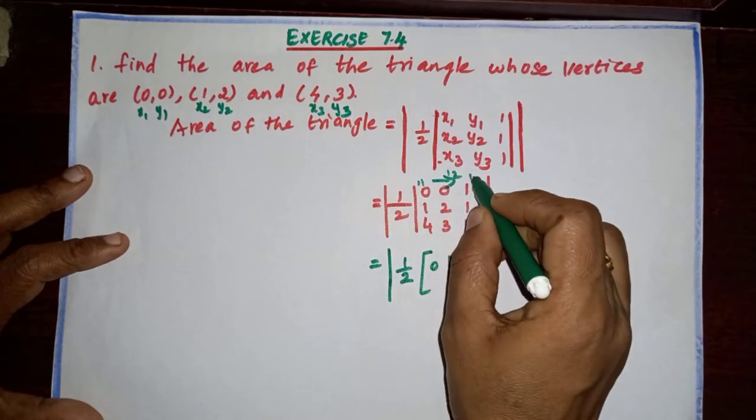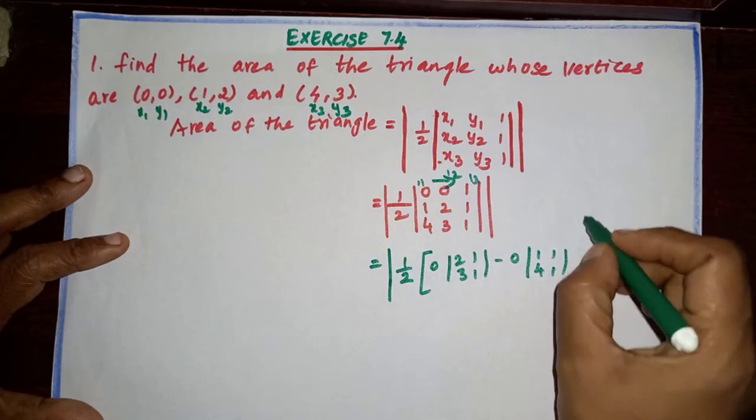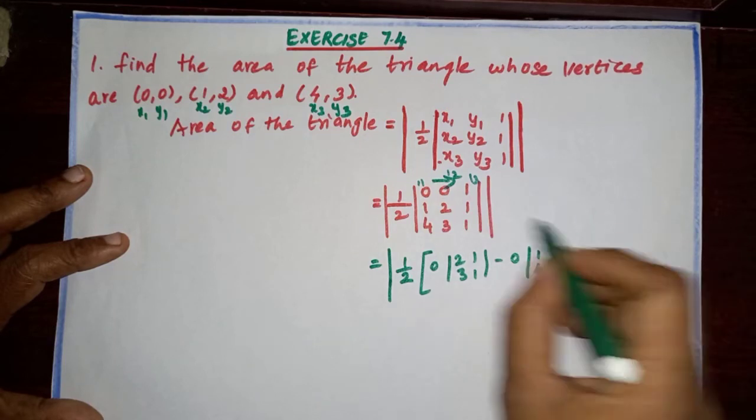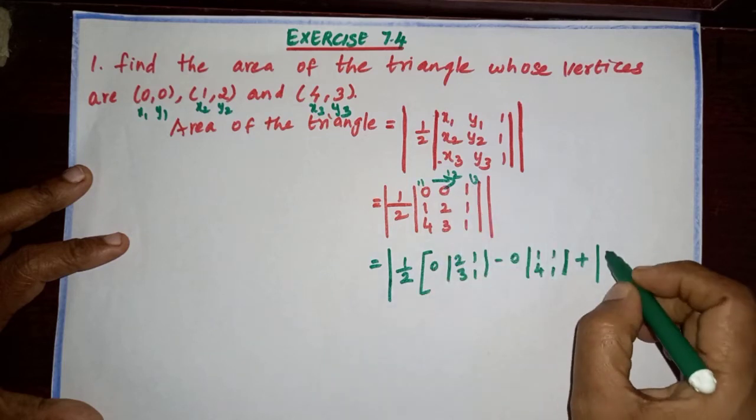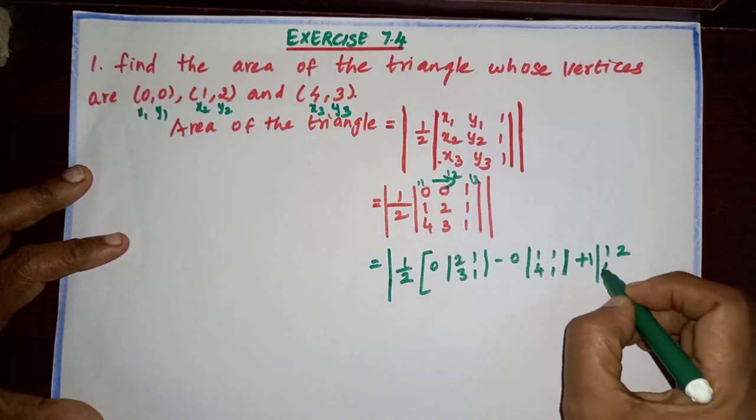Next 1 is in 1, 3. Since it's an odd position sum, you need to use plus sign. Delete the first row and the third column, then we have 1 into the determinant of 1, 2, 4, 3.